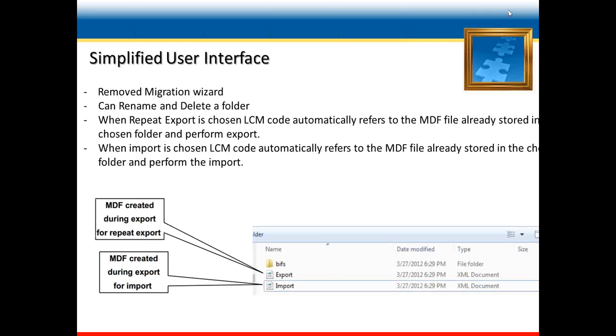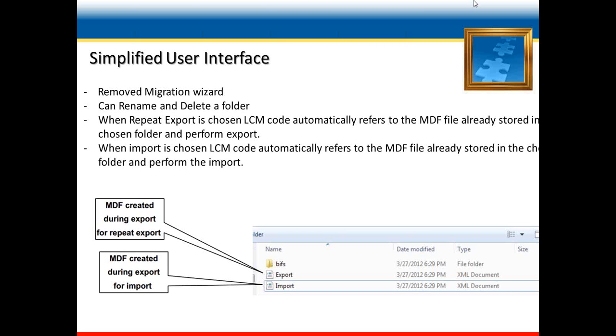So if you talk about the user interface for LCM, it has been simplified in this release. Previously, in the 11.1.1 versions of EPM, they used to have the migration wizard for LCM and several user clicks that the user had to do for exporting certain artifacts.